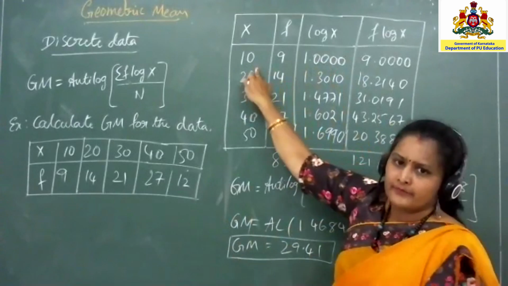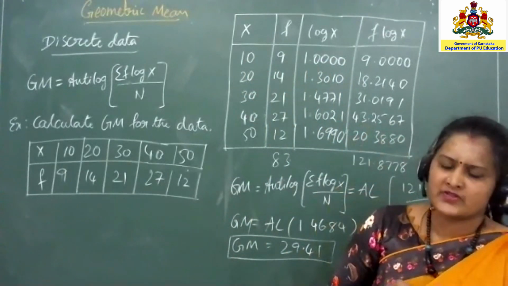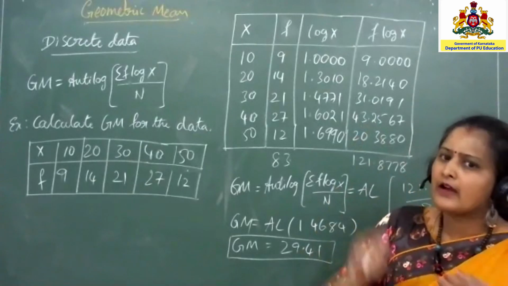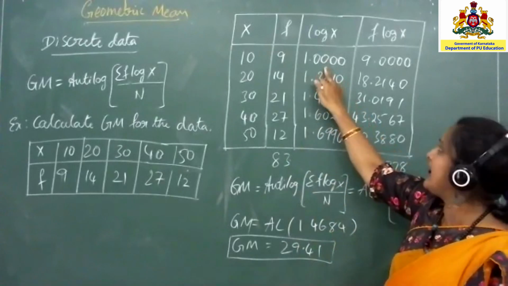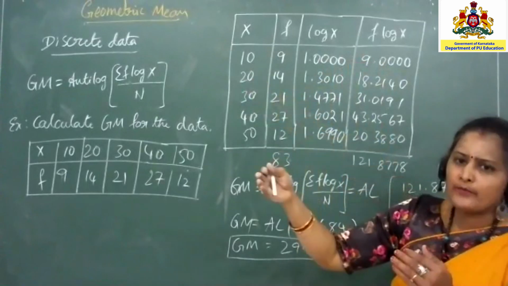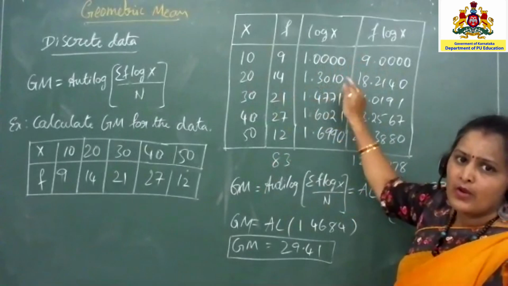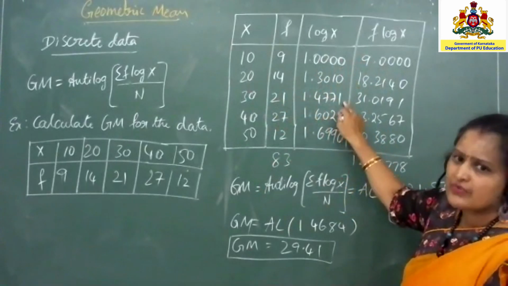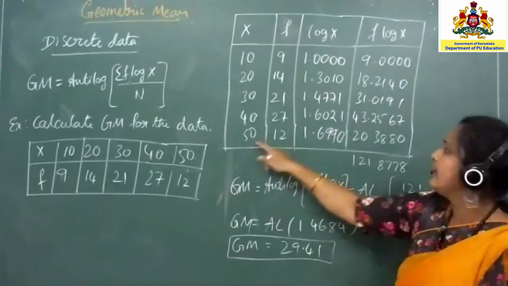Now 10 under 0. You need to check the value in the logarithm tables. 10 under 0 gives the value 0, so you write 0, 0, 0. Then 20 under 0, the value is 3010. Then 30 under 0, the value is 4771. Then 40 under 0, 6021, and 50 under 0.